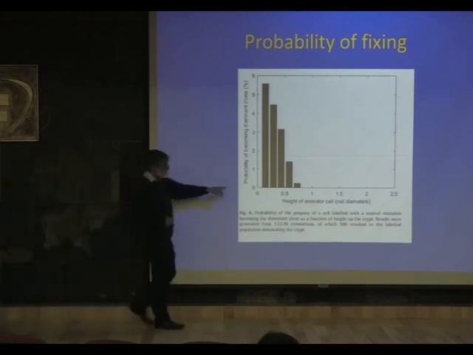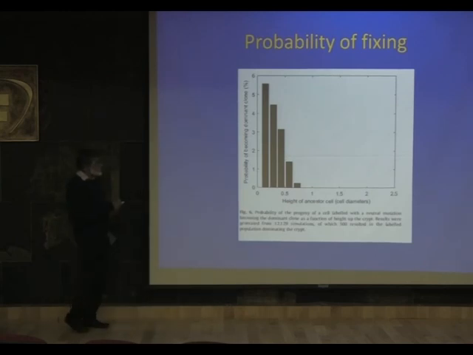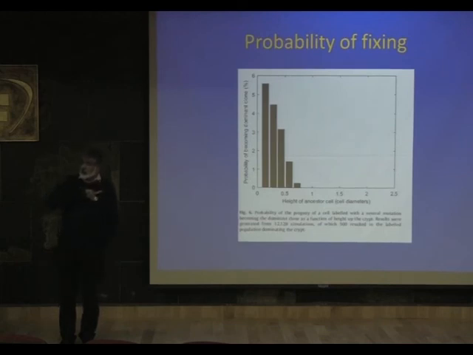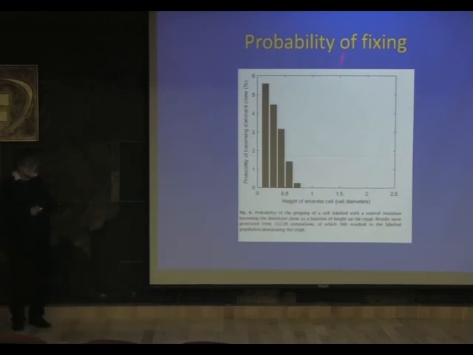And this is telling us how the probability of the mutant taking over the crypt depends on the height at which the cell stops dividing. And what you can see here is that this is a very spatial phenomenon. And models have been proposed for this which are purely temporal. And this is telling us that those models probably are a good first pass, but don't take into account everything. Space is important as well.